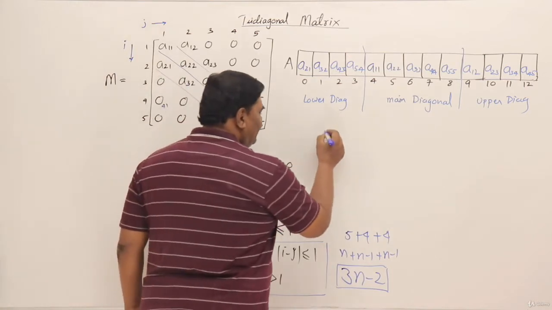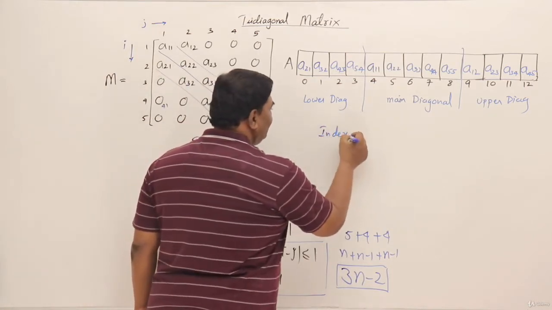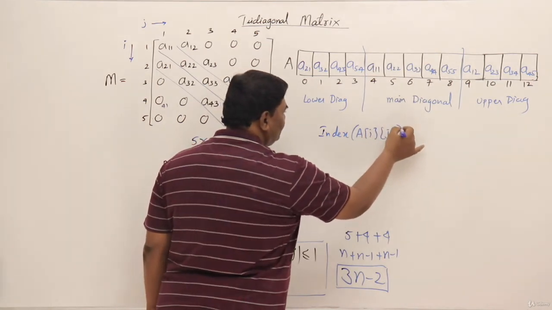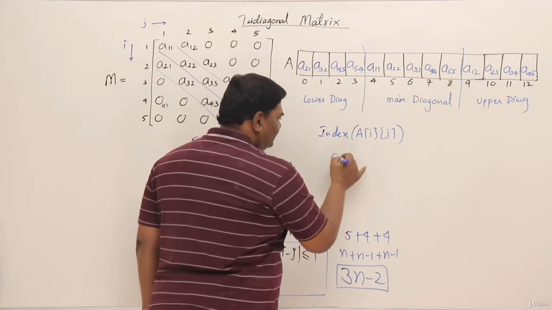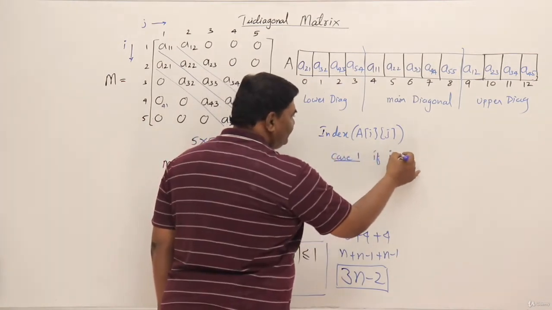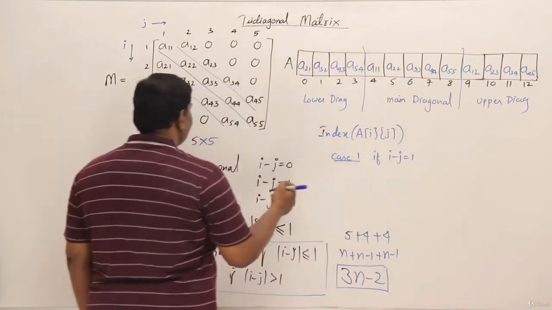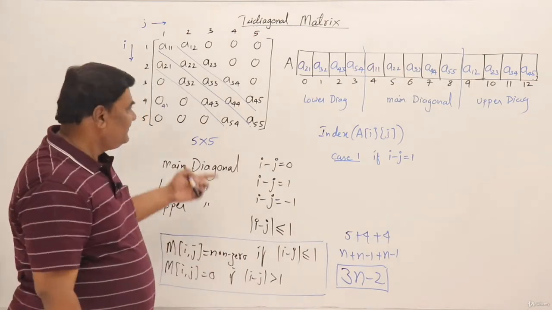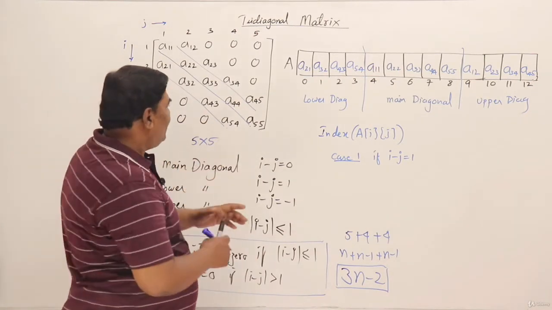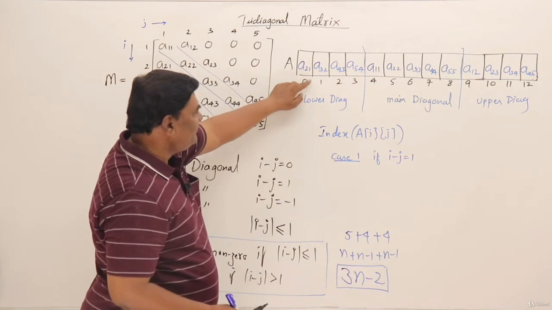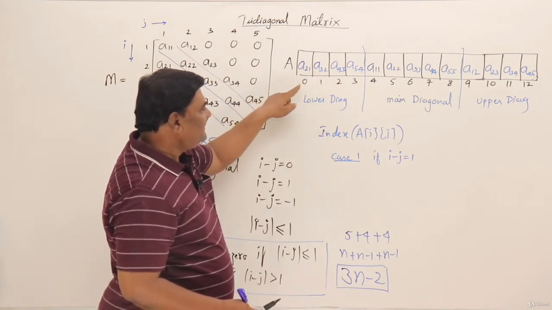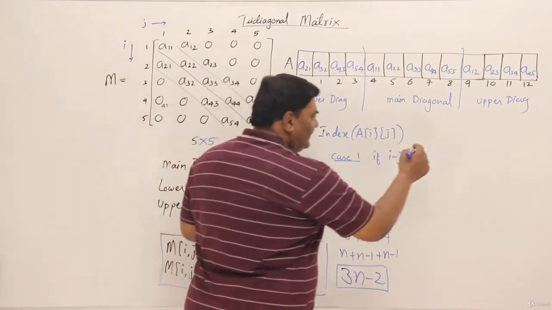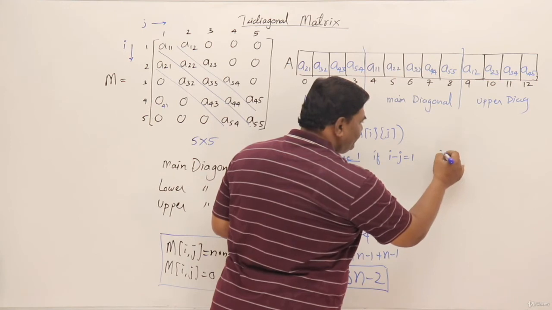So if I want the index of any element, that is a of i comma j, then case 1: if i minus j is equal to 1, these are lower diagonal elements.